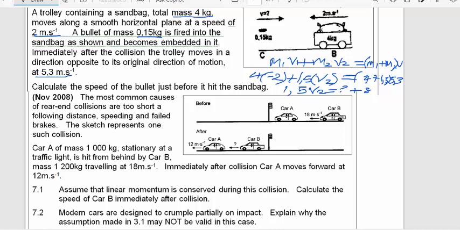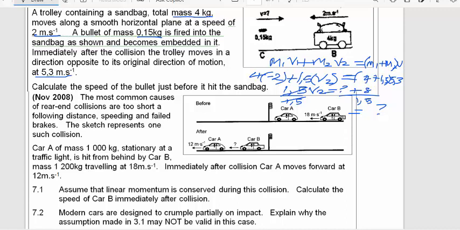And then you need to put this into a calculator and divide both sides by 1.5, the mass, and then you should get a solution for the velocity of the bullet before it hit the sandbag. And then you have to look at the next part.